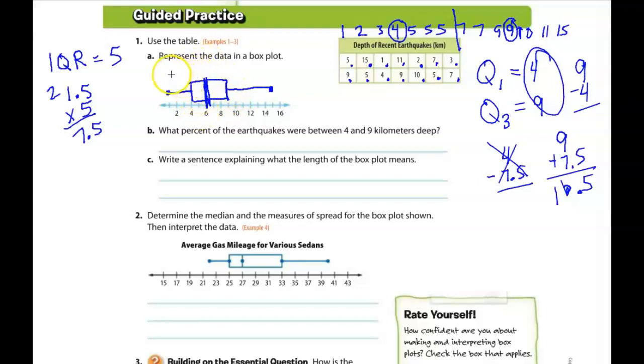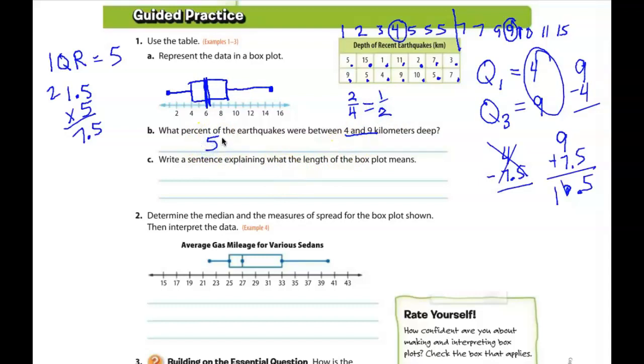Well, as far as quartiles go, we're cutting this data into 4 pieces, and this involves 2 of the 4 pieces. 2 out of 4 pieces are between 4 and 9 kilometers deep. So 2/4 is equivalent to 1/2. What percent is equivalent to 1/2? Go ahead and answer that for me, please.